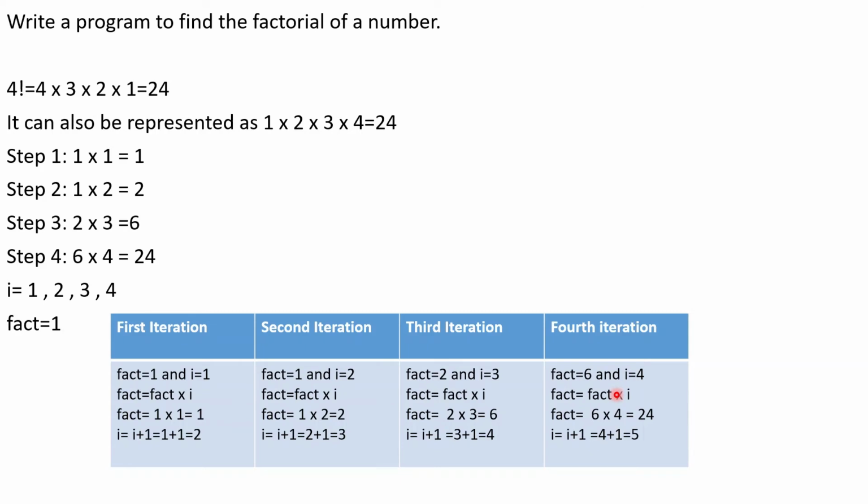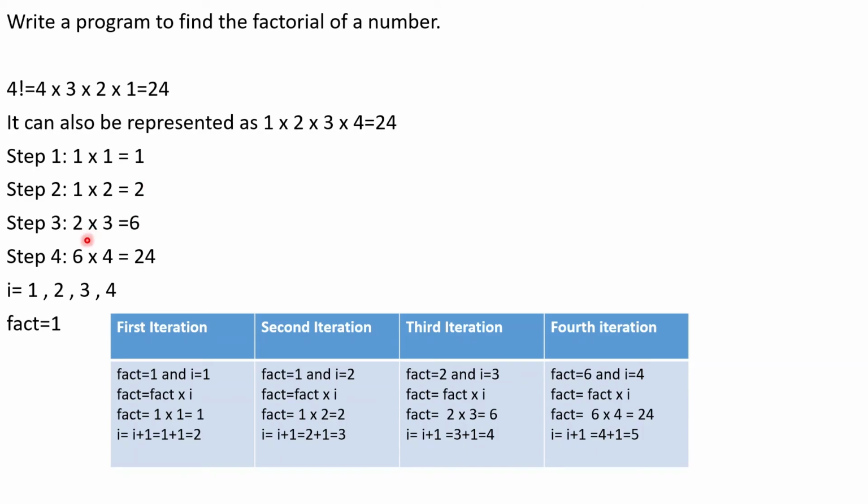Now if you see the steps over here on the LHS, what we are performing is multiplication. And if you see here, the first operand in each step is actually the result of the previous step. So in step 1, I started with 1 into 1, that is equal to 1. In step 2, 1 into 2 is equal to 2, whereas in step 2 the first operand is the result of the previous step.